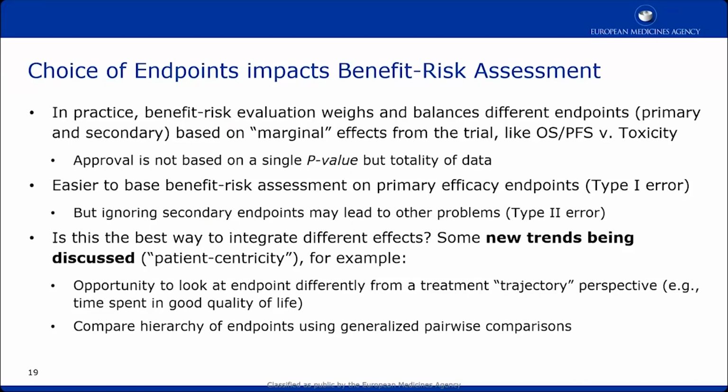So how do you, as a regulator, put this together? On one side, we have a fully inferential, multiplicity adjusted, single primary endpoint, yet your decision is made on benefit risk.